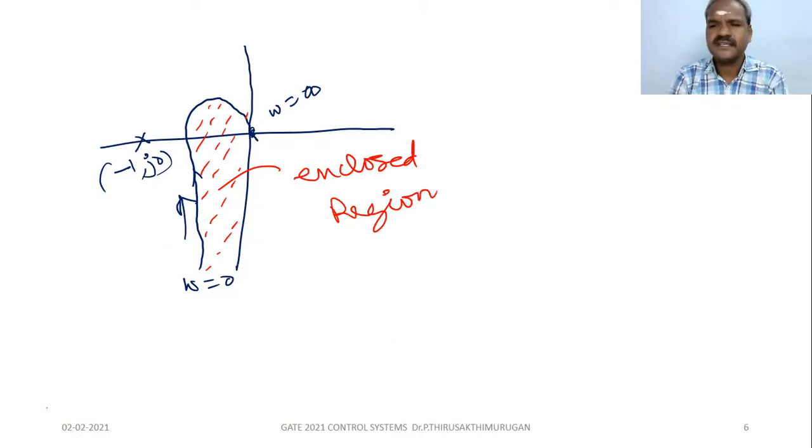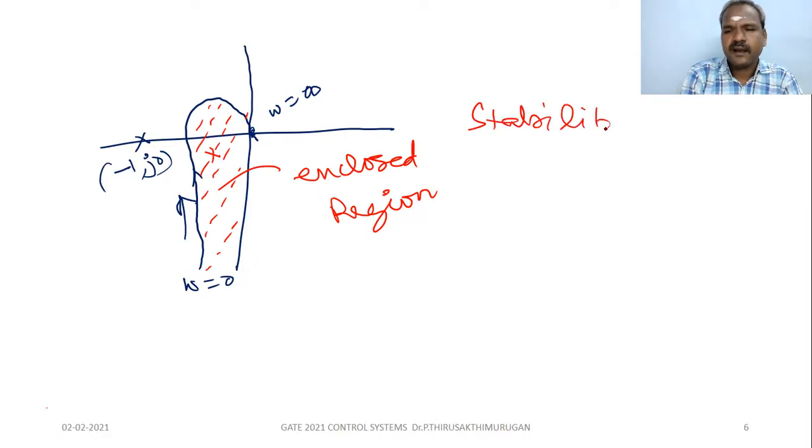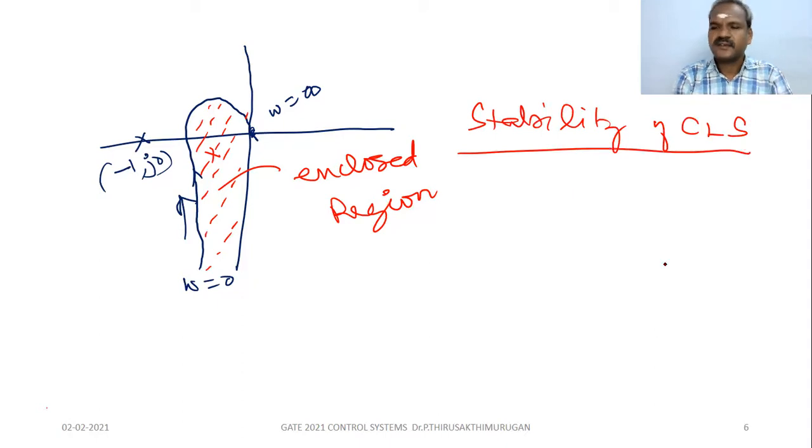A point or region that lies on the right hand side of the path of the polar plot is enclosed. When we vary omega from 0 to infinity, for stability of the closed loop system, the system should not be enclosed by the point.